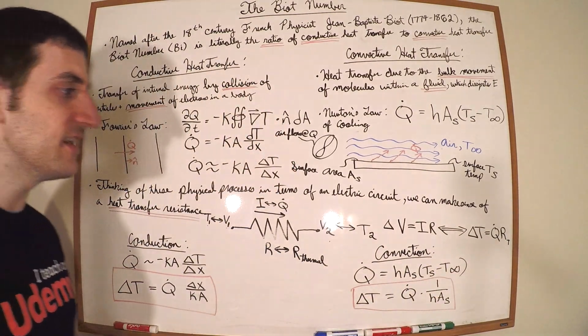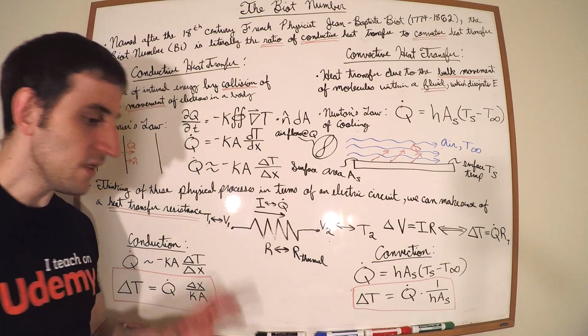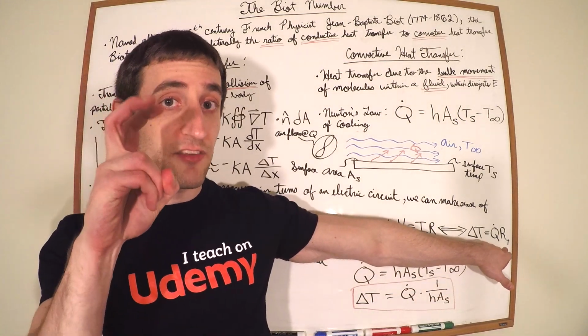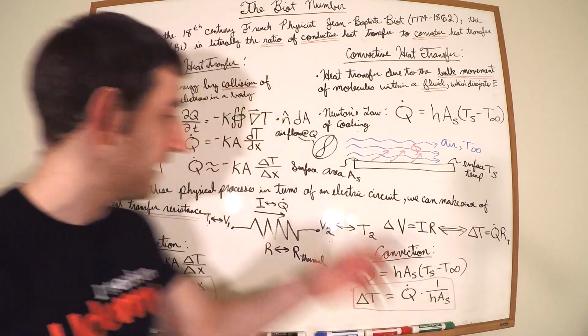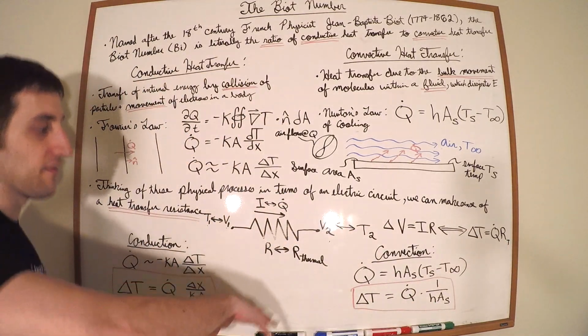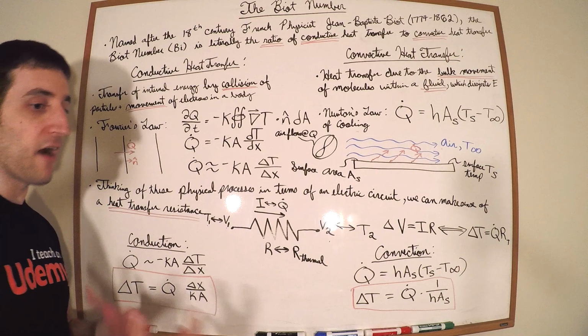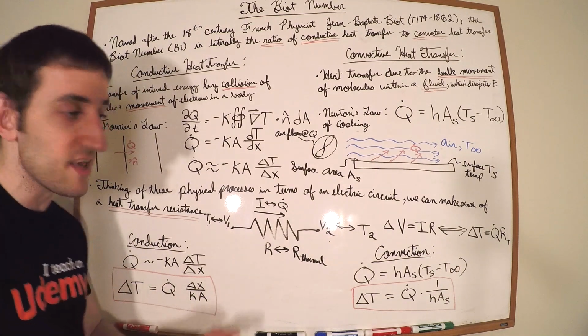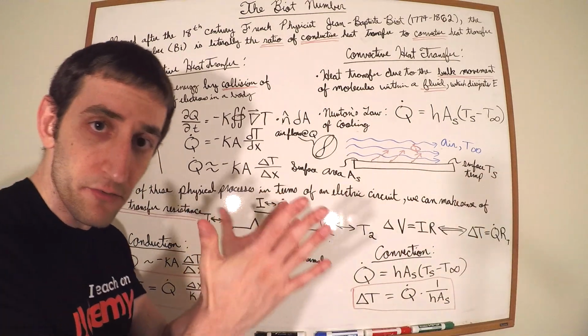So in a lot of engineering, the thermal analysis is reduced to determining this equivalent resistance, much like in electric circuits where you can have multiple resistors, parallel circuits, resistors in series, and you can reduce that down to one equivalent resistor.